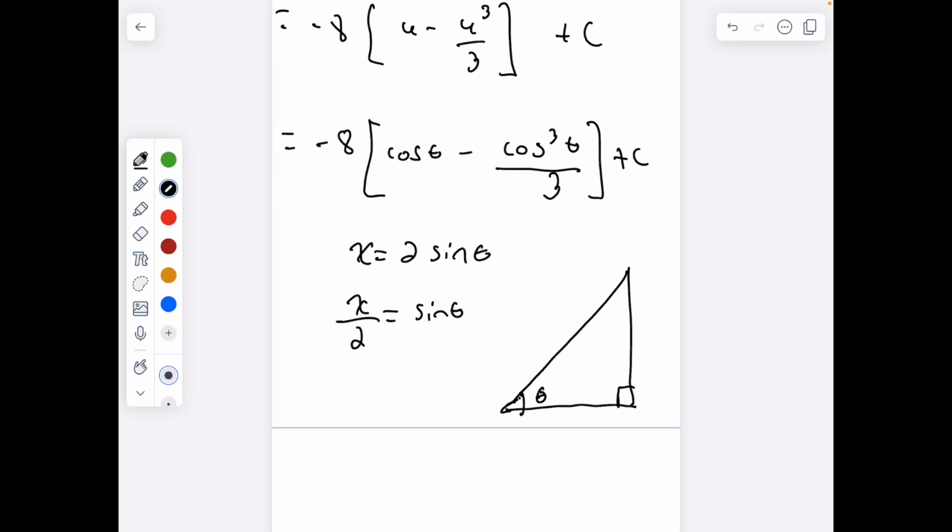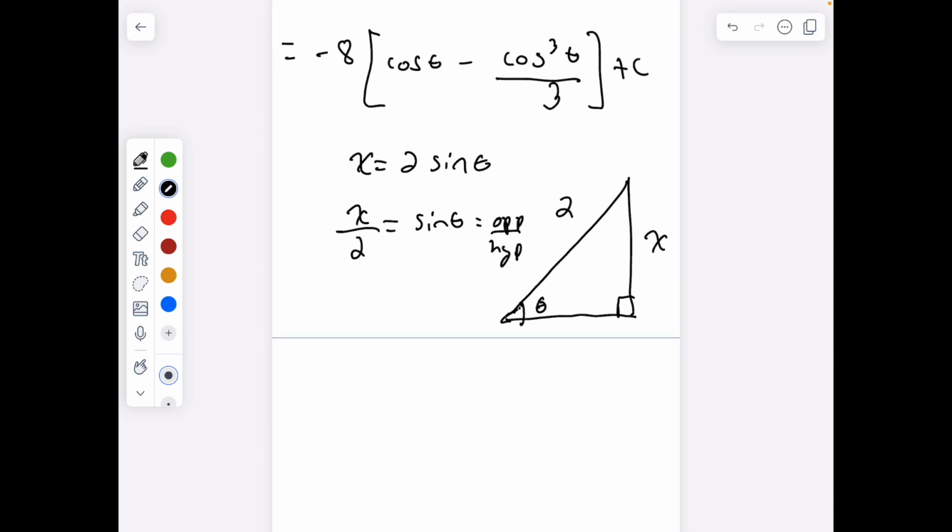You have x over 2 equals sine theta. So think about a triangle. Let's say you put your angle right where I put it. Well, sine is equal to opposite over hypotenuse. So that tells me this side over here could be x, and this side could be 2, or any multiple of 2 and x.